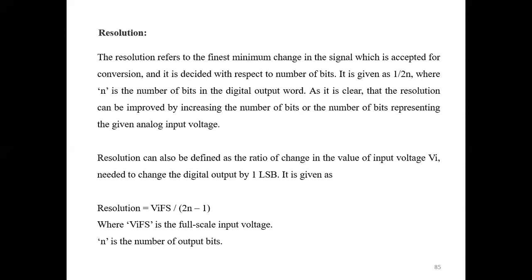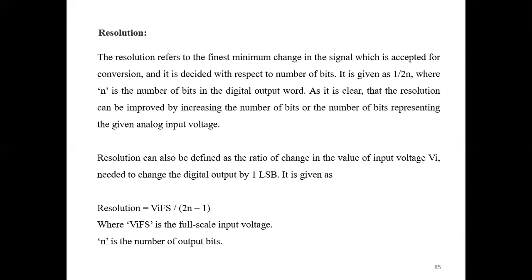First one is resolution. The resolution refers to the finest minimum change in the signal which is accepted for conversion, and it is decided with respect to the number of bits. It is given by 1 by 2^n, where n is the number of bits in the digital output word.